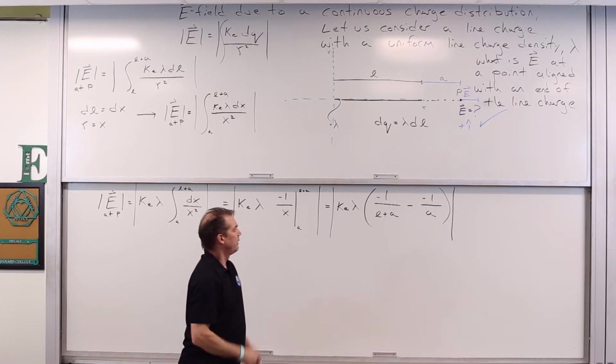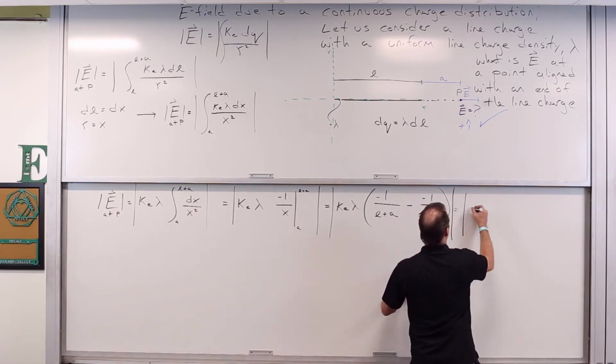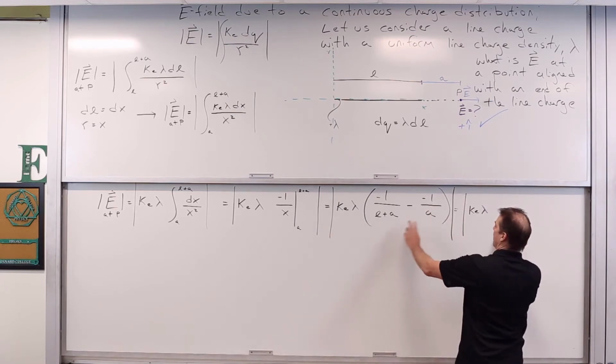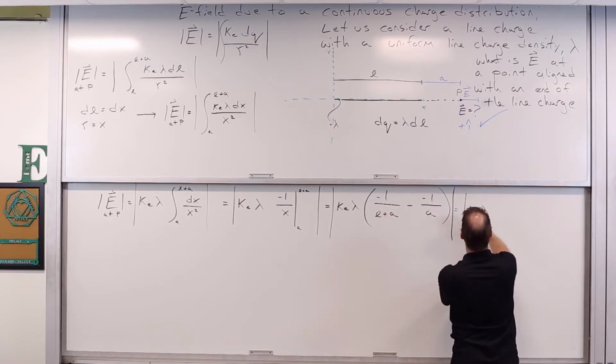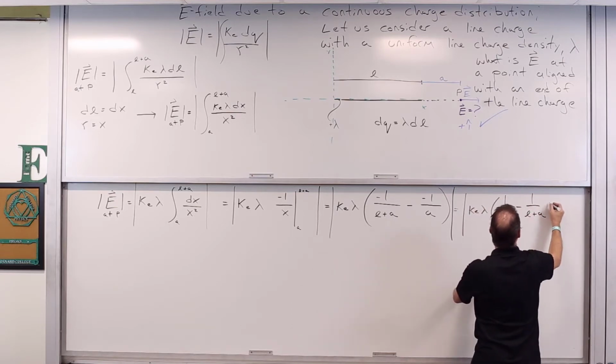Good. And then what can we do with this? We can kind of mess around with it a little bit. So we've got that this is the absolute value of k sub e times lambda. Then this term ends up to be positive, this one's negative, so let us just switch the order of that and say that this is just as well equal to 1 over a minus 1 over L plus a.